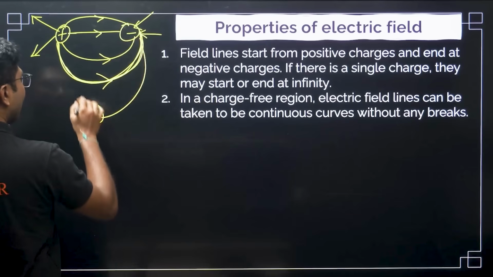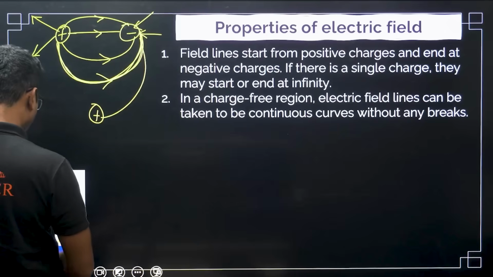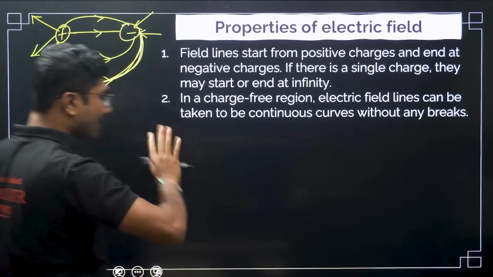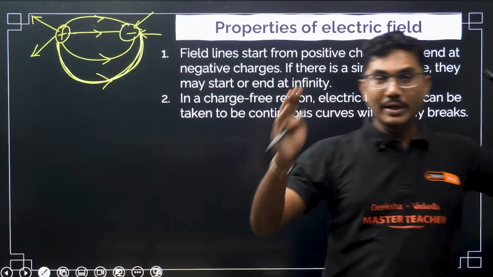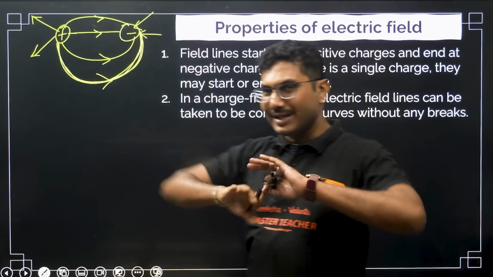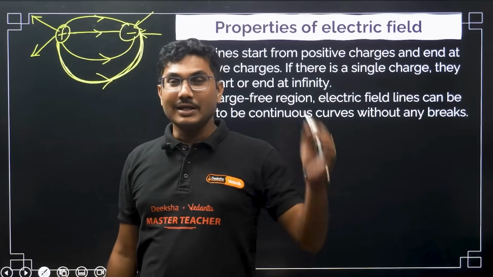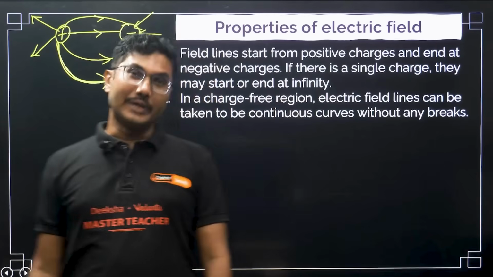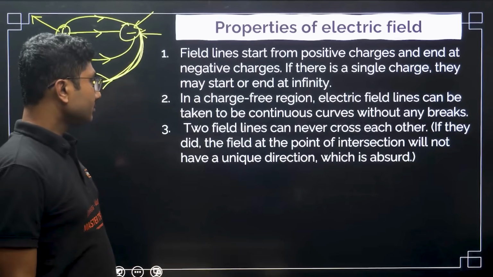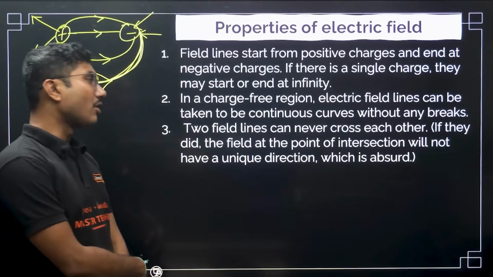That's why we are not considering a third charge. Charge-free region is important. Whenever no extra charge is present between two charges or three charges or five charges, the electric field lines will be continuous lines. There are no breaks.